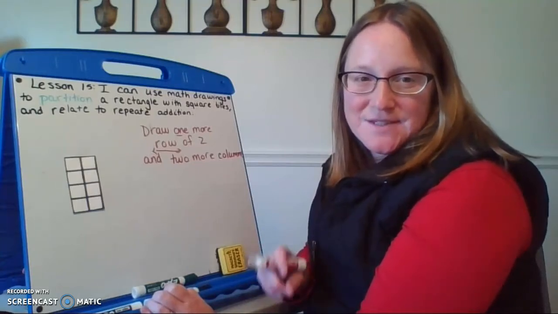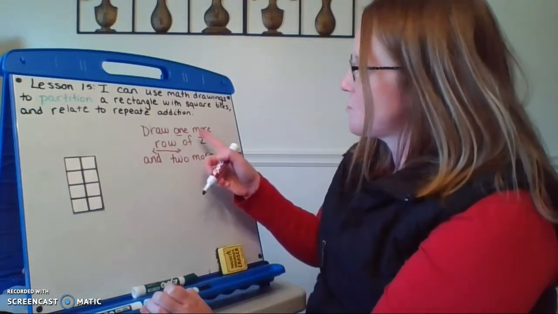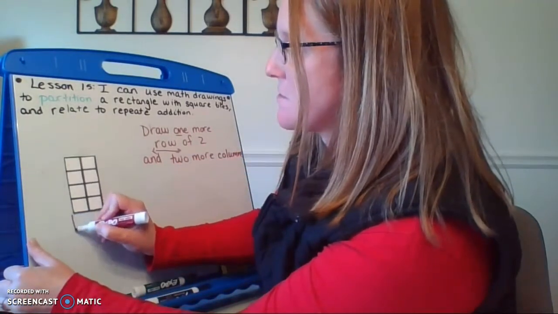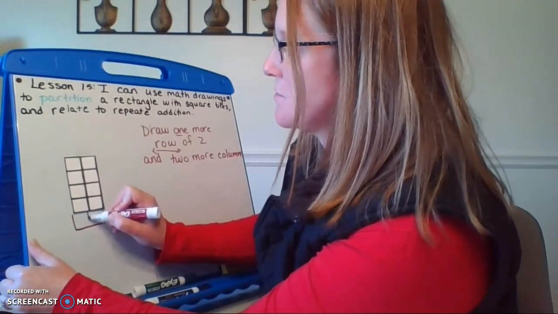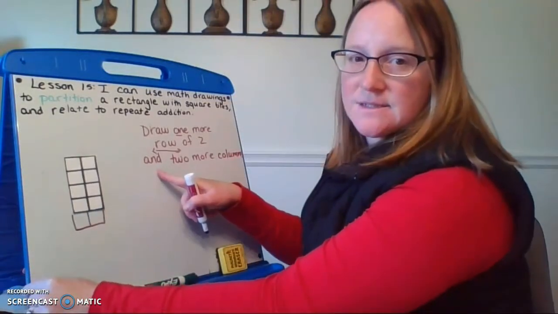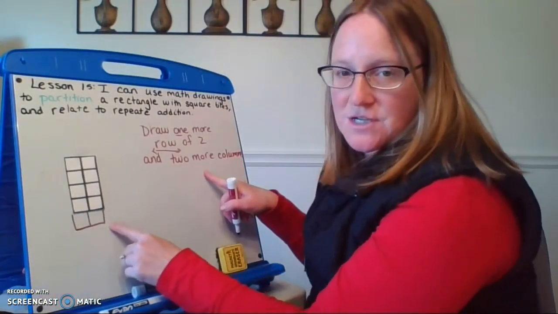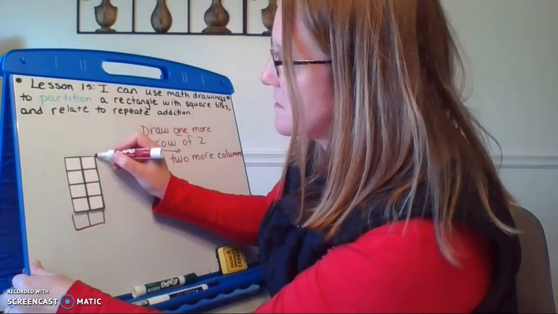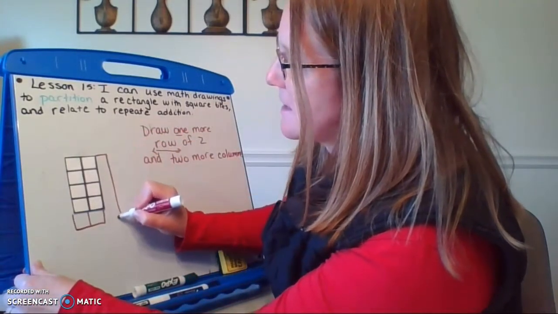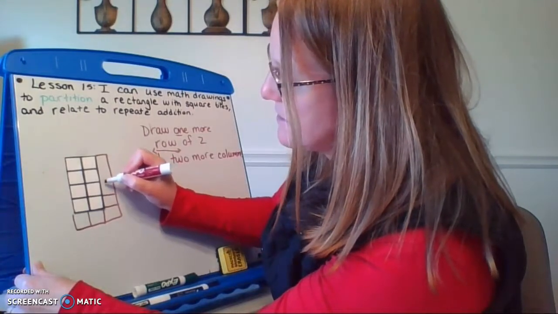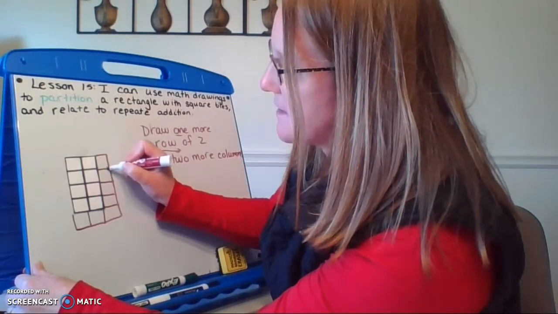Okay, let's see if we got the same answer. So draw one more row of 2, rows go left and right. So here's my one row. And now I have to draw 2 more columns. Now I can't forget the 2 that I just added. So here's one column added on, and you can draw those lines over just to make it look like another column added on.